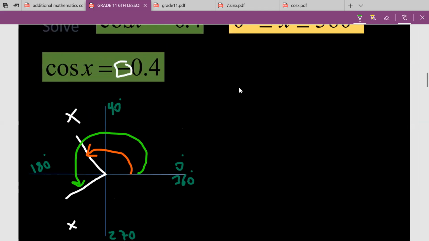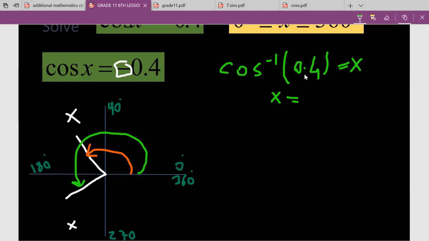To find it, use the calculator in degree mode, inverse cosine. Inverse cosine of negative 0.4 equals x. From here, what is the value of x?